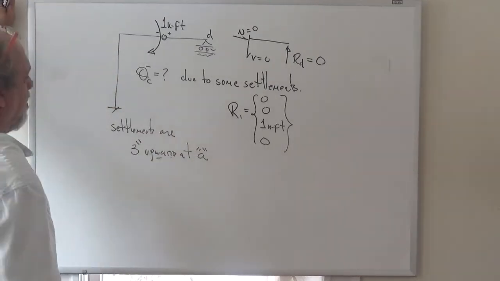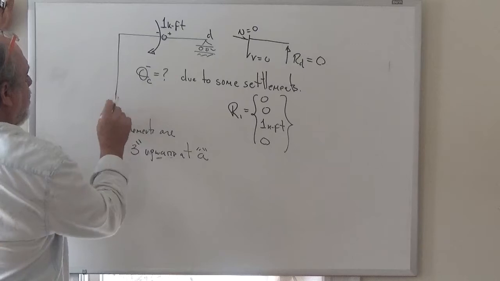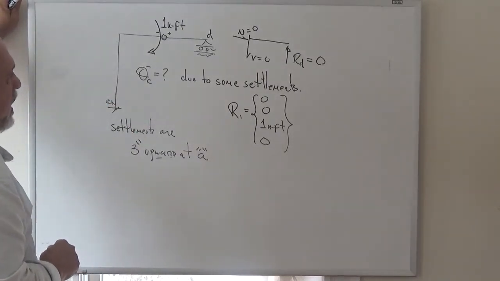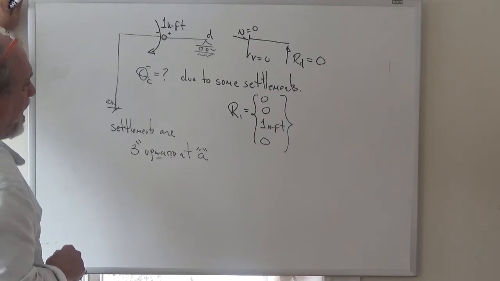Let's say that that's all we have. 3 inches upward movement at A. So this point moved up 3 inches. And we want to know what is the rotation to the left side of C.